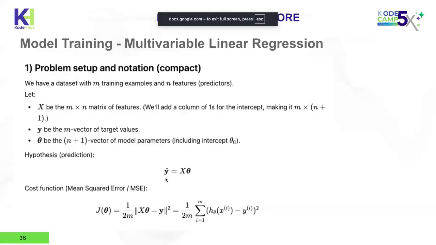The formulation now is going to be y hat equals X theta. So the y hat is the prediction. X is that big X I talked about, where you can see it's the M by N matrix of features, where the M is the number of features and the N is the number of data points or the number of samples.